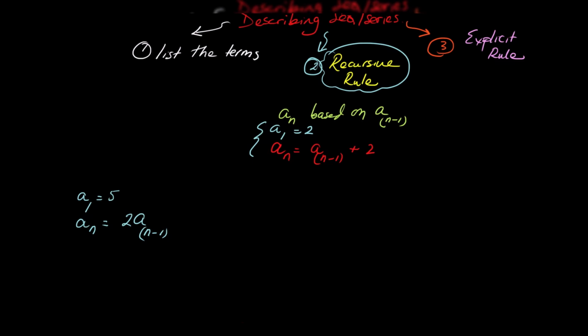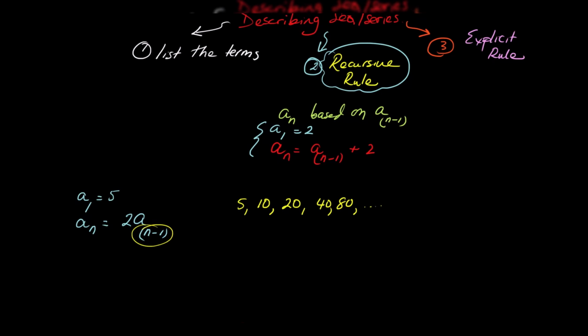So a sub 1 is 5, and to get a sub 2 I take a sub 1 and multiply by 2, I get 10. Then the next term, I take this term and multiply by 2, I get 20. After 20 I'll get 40, and after 40 I'll get 80, and this will continue.